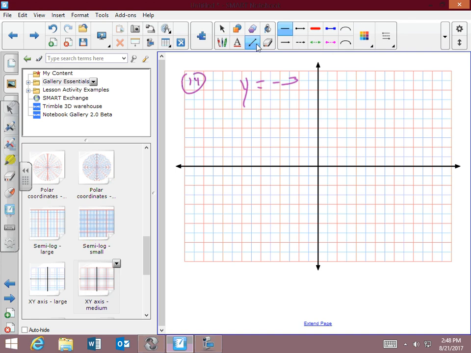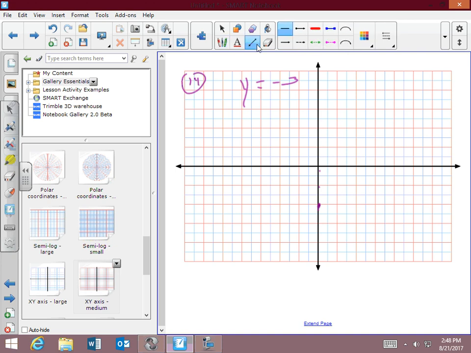Okay, so if I go back to y is -3, so I go 1, 2, 3, right? All points that go through this right here that have that.